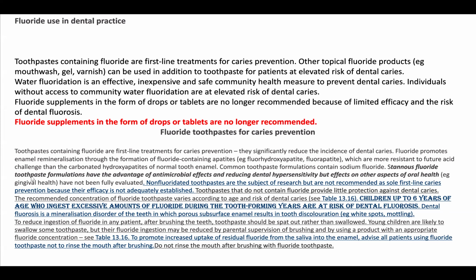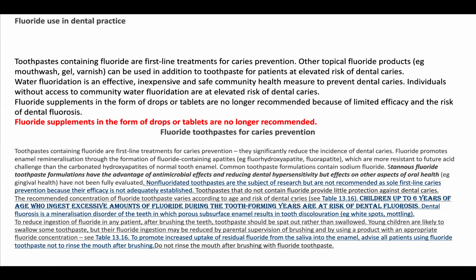Stannous fluoride toothpaste formulations have the advantage of antimicrobial effects and they reduce dentinal hypersensitivity. Okay. Non-fluoridated pastes are a subject of research, not recommended as the sole first line prevention. Okay, so non-fluoridated pastes are for people who think fluorides are toxic. They can use it, herbal pastes, etc., but they're not as useful.